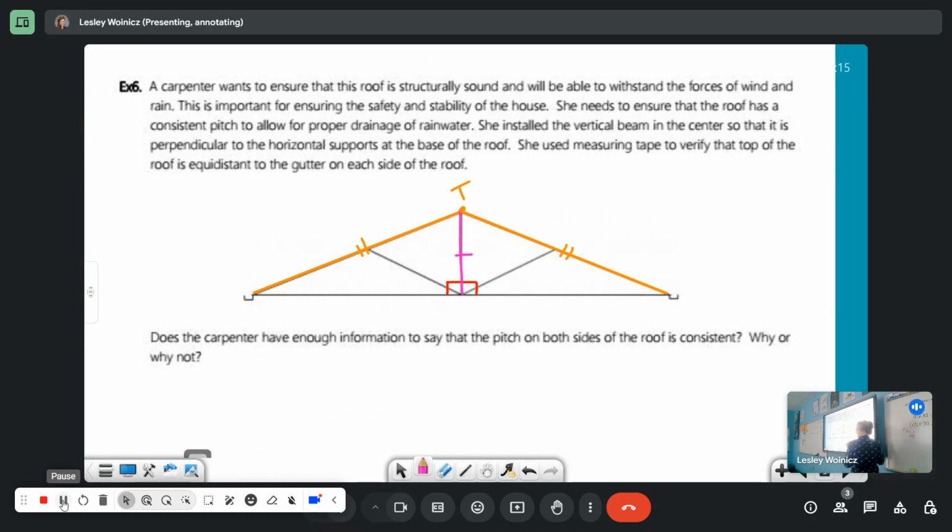That seems fair, right? Okay, so we know that, can we call this point B down here? We know that TB is congruent to itself. So we can use hypotenuse leg.